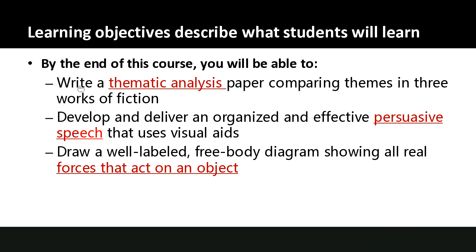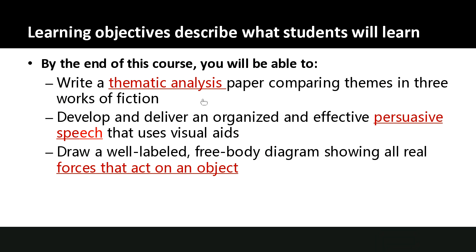So the first one that we used as an example here, students will be able to write a thematic analysis paper. And so they're going to learn how to do a thematic analysis of 3 works of fiction. Adding that to the description helps, rather than saying that they will learn how to write a thematic paper.